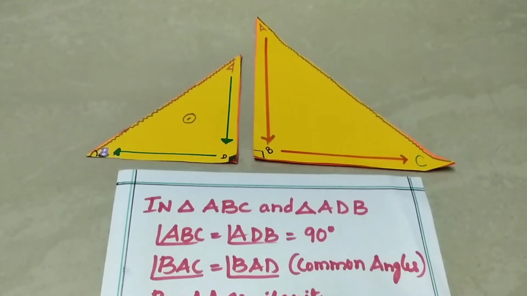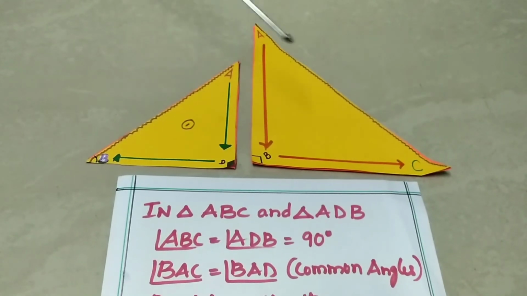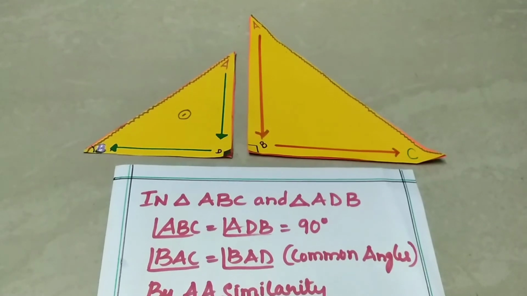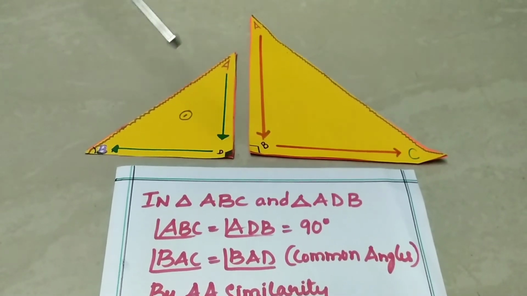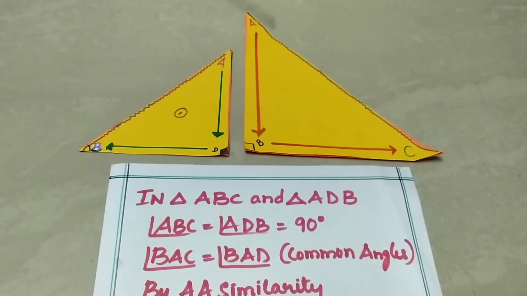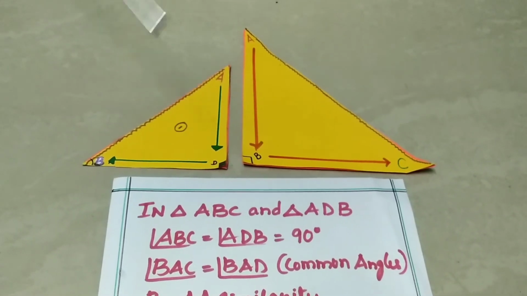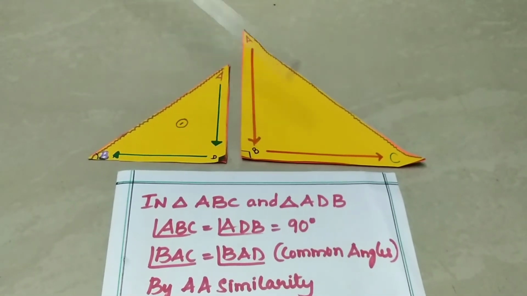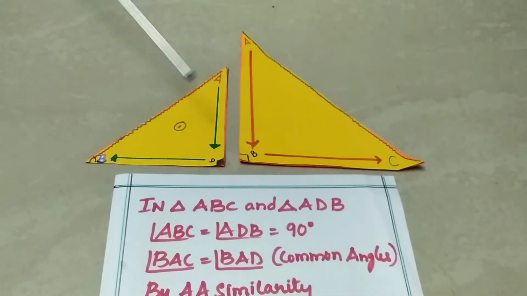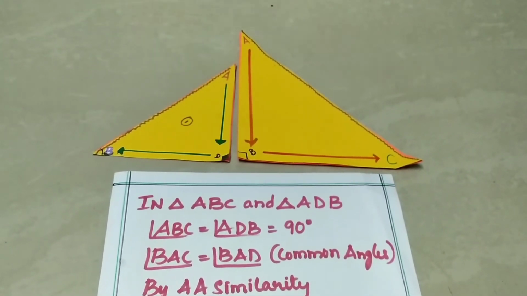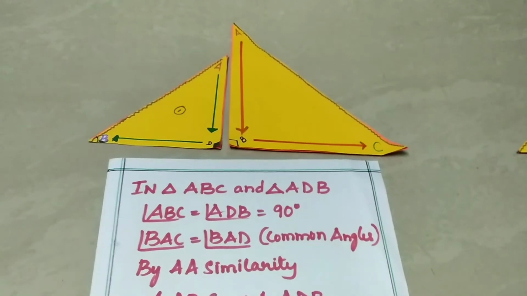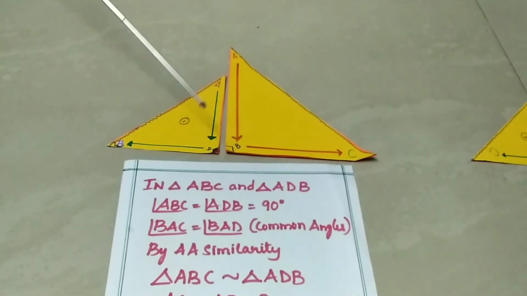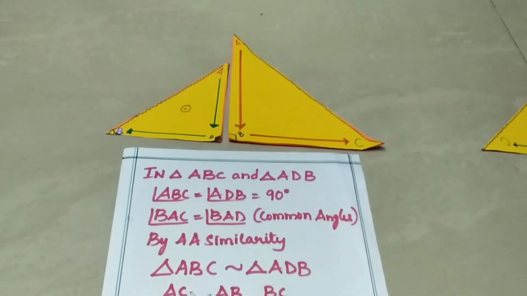And in both of these triangles, angle A is common. Angle BAC is equal to angle BAD, common angles. By AA similarity, these two triangles are similar to each other.